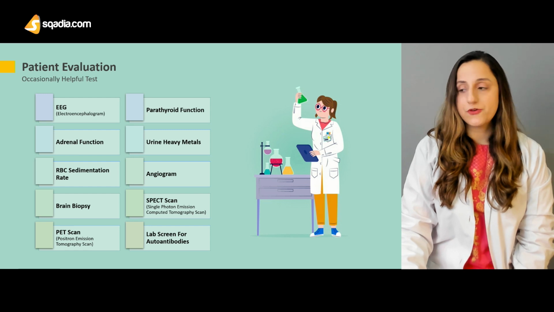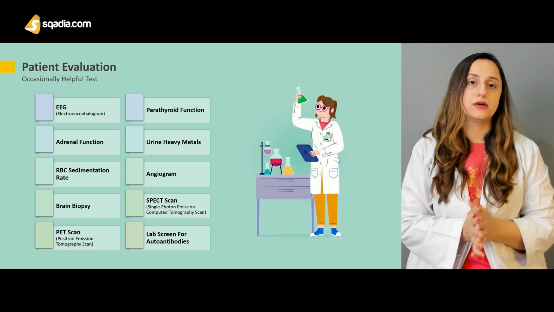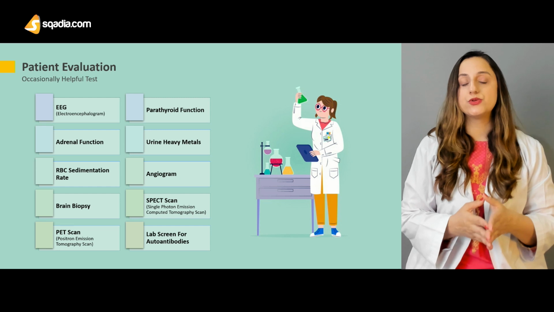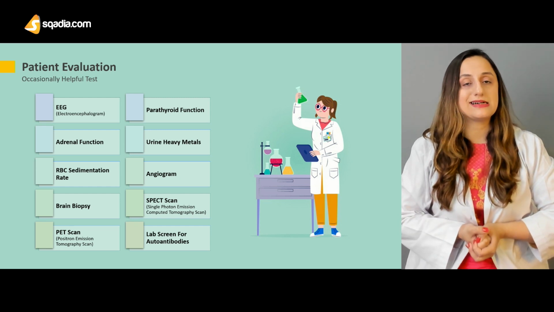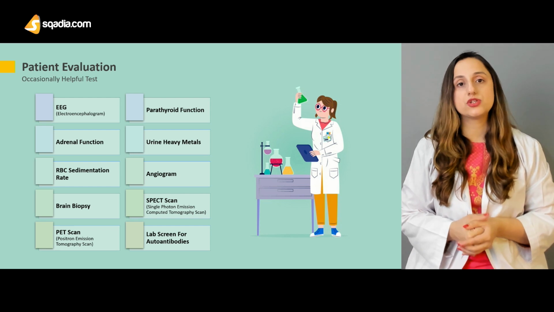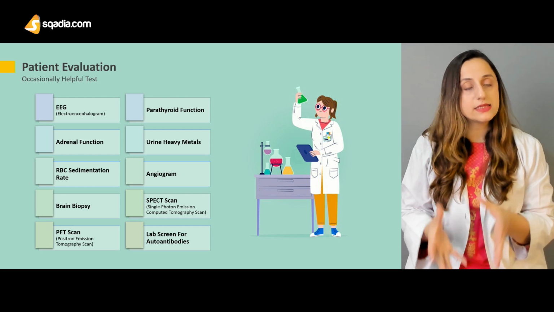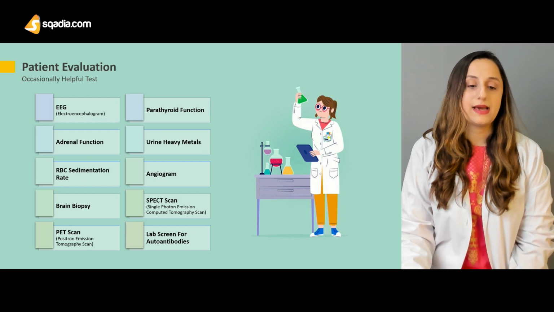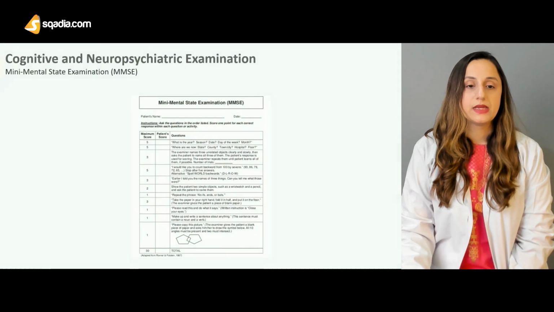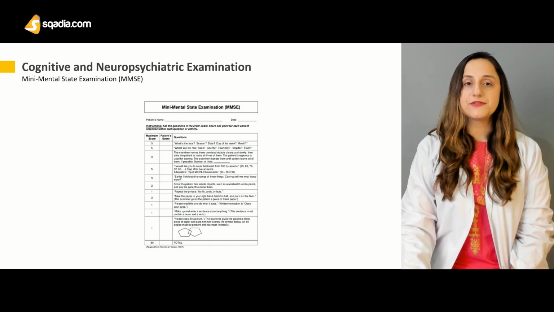The lab screen for antibodies is also ordered, and you're going to look for any kind of autoimmune conditions. For instance, SLE is one of the conditions that can mimic the same clinical picture as we're going to look for. So what are the different scoring systems?